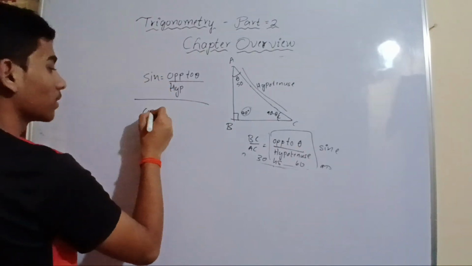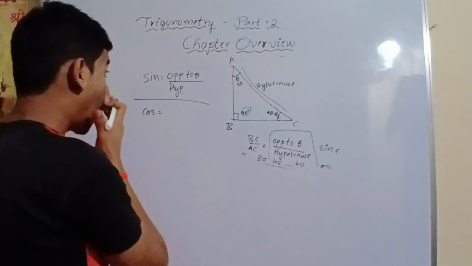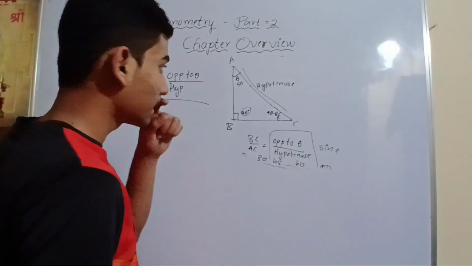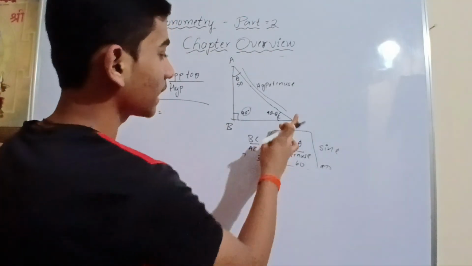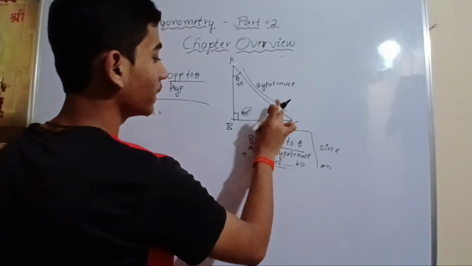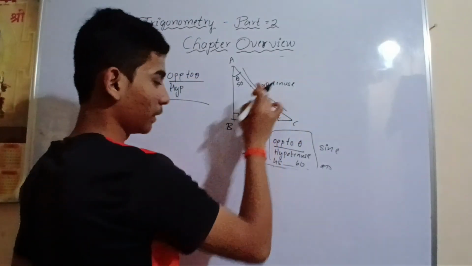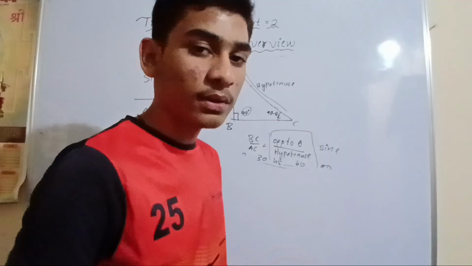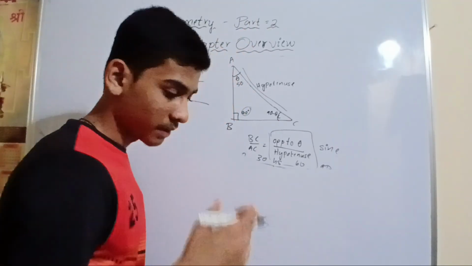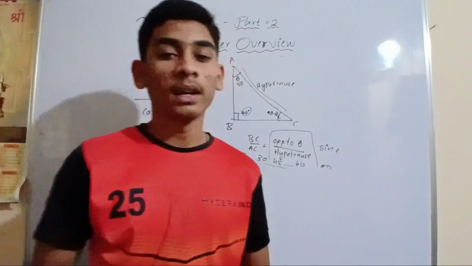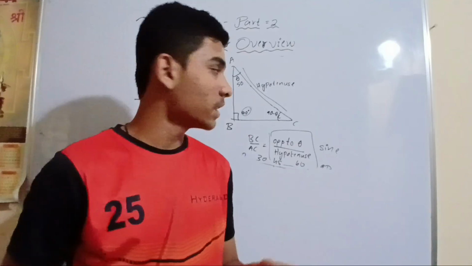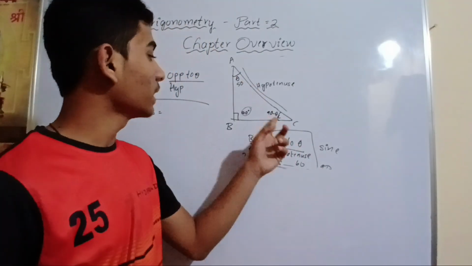And cos is adjacent. Adjacent is nothing but the lying side. This side is lying to the angle. If we take this as theta, this is the lying angle. We can't take this because it's the hypotenuse. The hypotenuse is always fixed, but the adjacent side and the opposite side always change with the perspective of the angle theta.